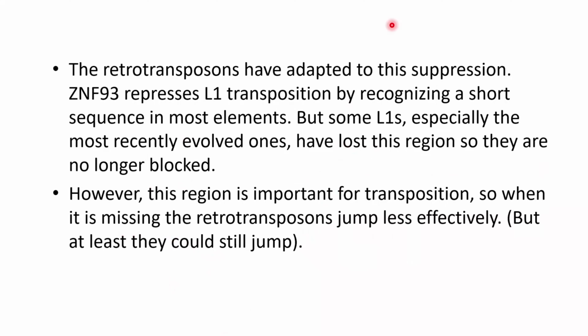So this is why I called that slide intergenomic arms race, because they're basically both fighting, and all you end up with is a higher amount of these KRAB proteins and better mechanisms through which these transposons jump from one place to the other.